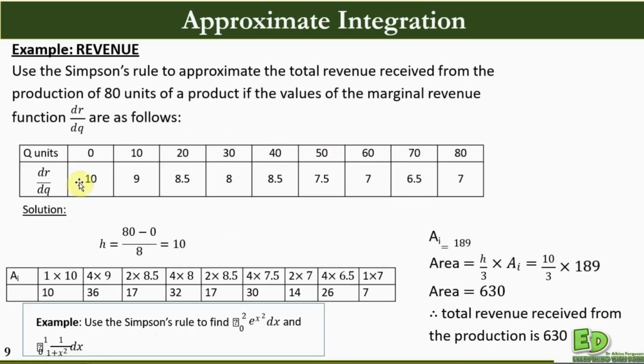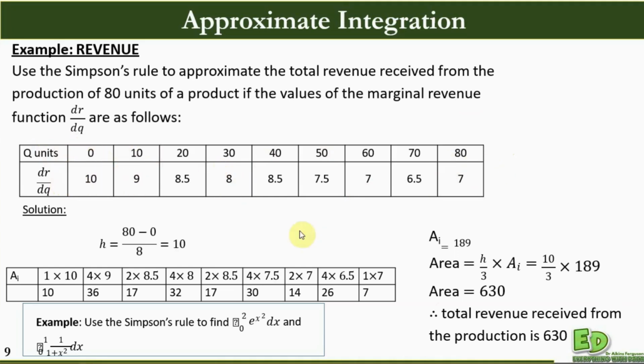Let's take a practical example under Simpson's rule. Use Simpson's rule to approximate the total revenue received from the production of 80 units of a product if the values of the marginal revenue function, that is R over Q, are as follows. Here we have the quantity from 0 to 70, and our marginal revenue from 10 all the way to 7.